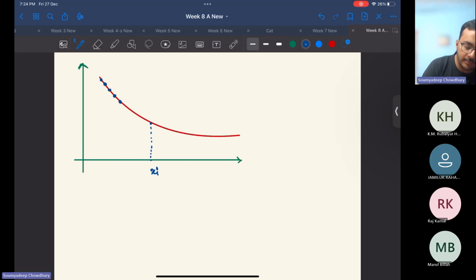From a continuous curve, we just divide it into different equispaced points. Then we find the values of the function at the two neighboring points. So at xi we want the derivative, we find the values at xi minus 1 and xi plus 1.